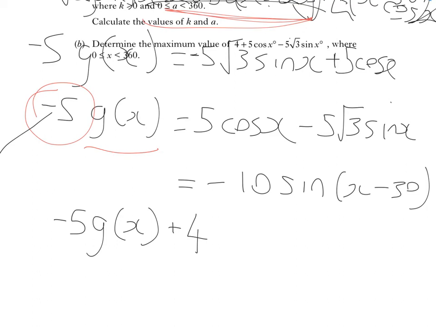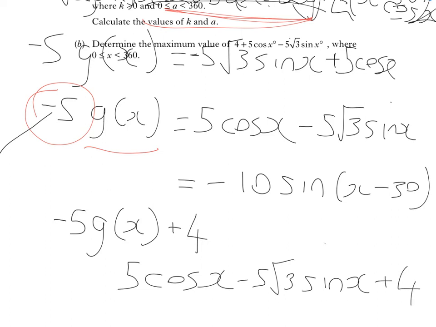So I'm going to go back to minus 5 g of x as written here, 5 cos x minus 5 root 3 sin x. So if I add on 4 to that, that can now be written as 5 cos x minus 5 root 3 sin x plus 4.